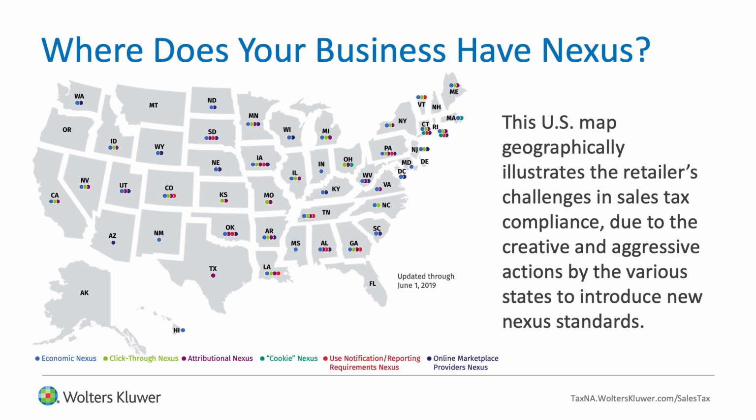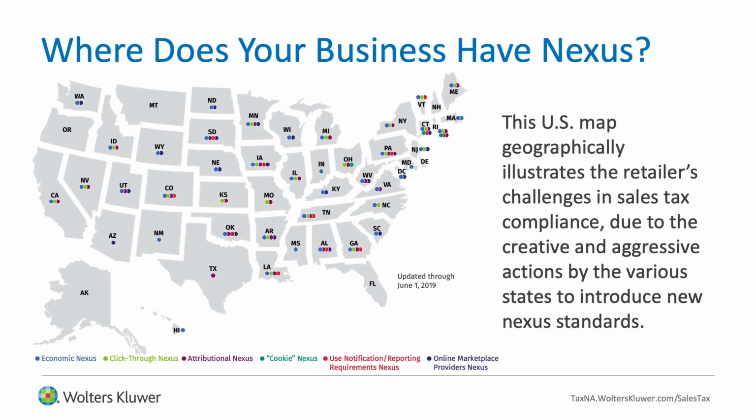But let's look at this map first. This map is a great map that shows you all of the different alternative nexus approaches that the states have. You can look at Rhode Island. Rhode Island is really tiny, but they have every single alternative nexus method imposed in their state, as does Connecticut.